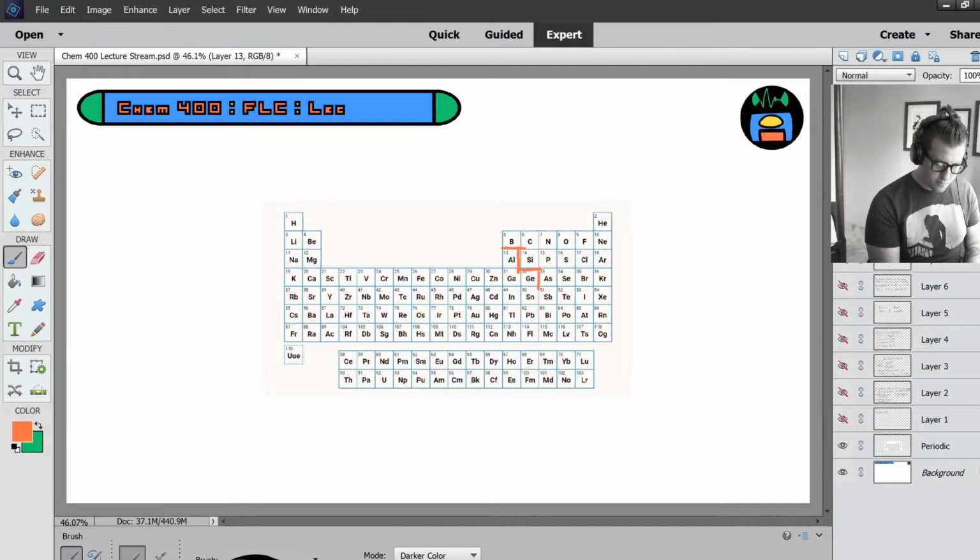It starts between boron and aluminum, and it stair steps down. So this is kind of the railroad track that divides the metals and the nonmetals on the periodic table.